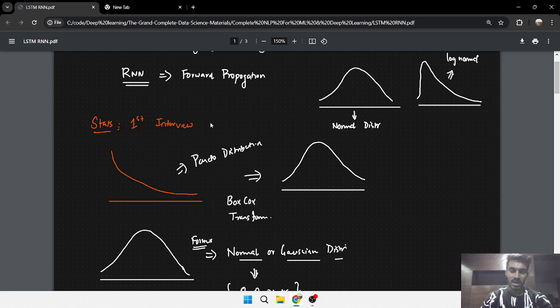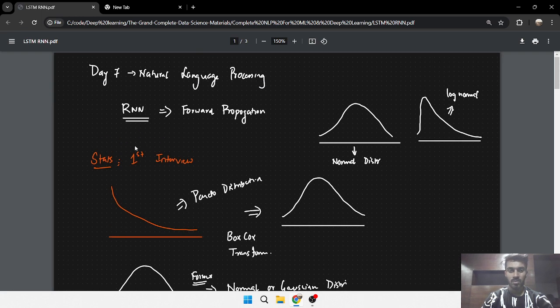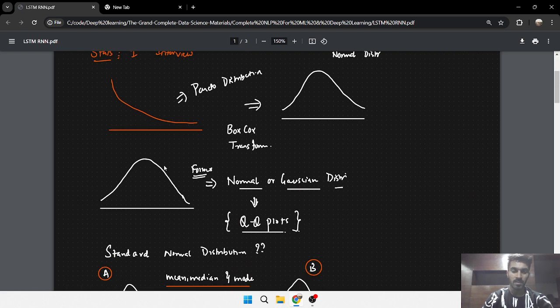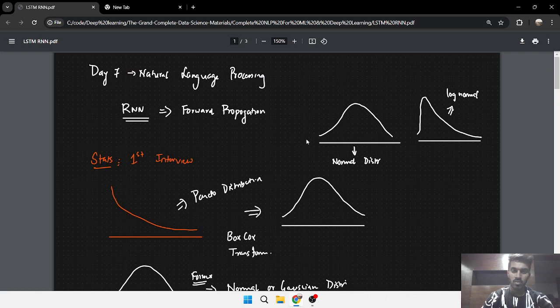Before we start, let's see an interview question: what is the difference between normal distribution and log normal distribution, and how do they look? The normal distribution is a bell-shaped curve, and approximately 90% of the entire universe of datasets follow a normal distribution.